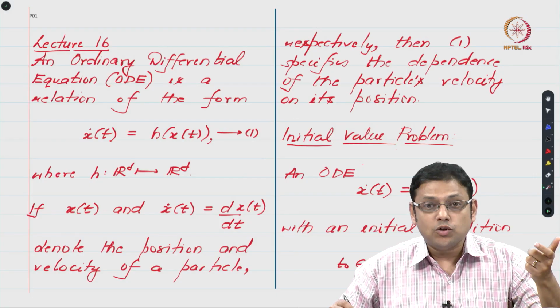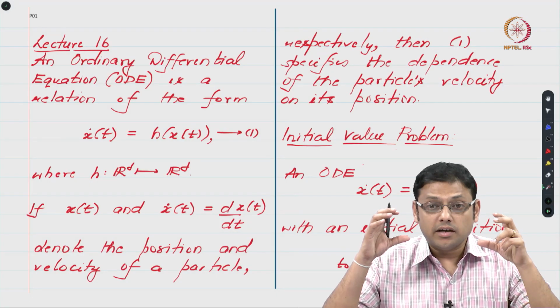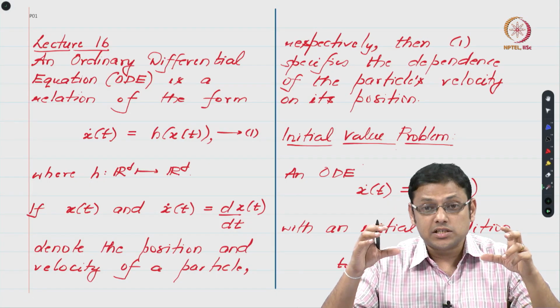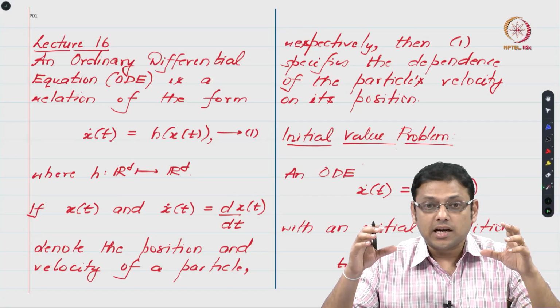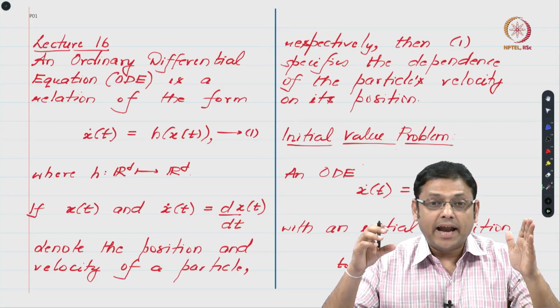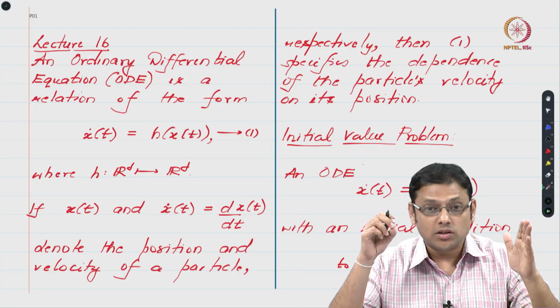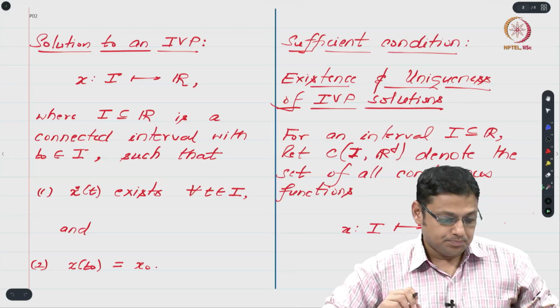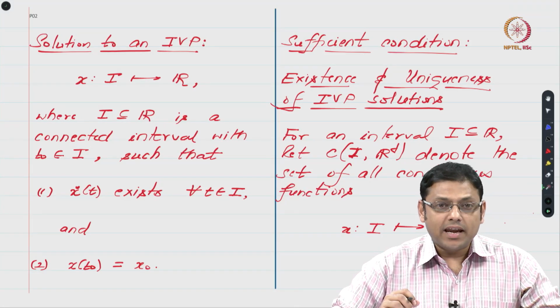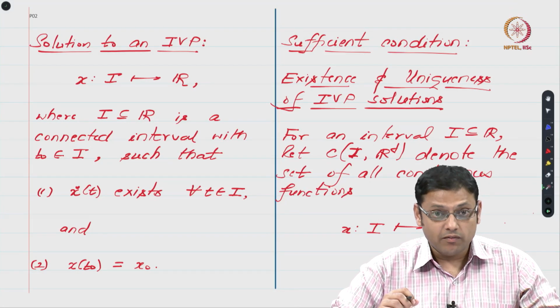So the initial value problem is basically an ordinary differential equation along with an initial condition of the form which includes a time and the value that your solution trajectory should satisfy at that time instance, right. So now one can ask, what is a solution to an initial value problem?